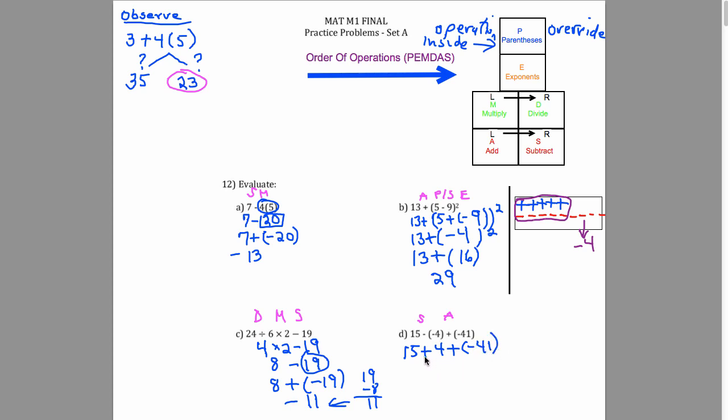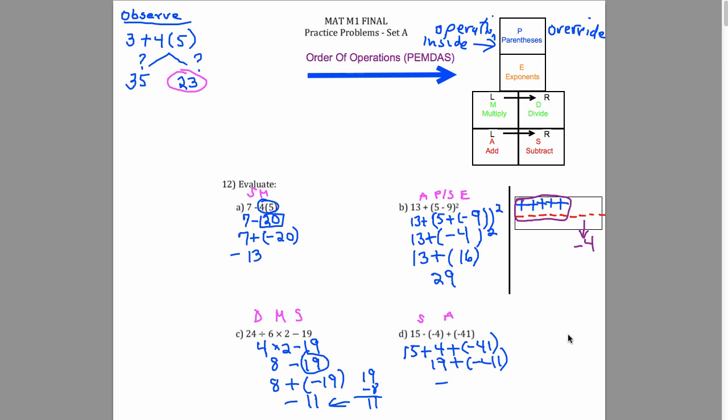Now we only have addition left. 15 plus 4 plus a negative 41. 15 plus 4 is 19 plus a negative 41. So you have 19 positives, 41 negatives. Which sign wins out? That's right, the negatives win out. By how much? Well, we want to see how many more negatives than positives you have.